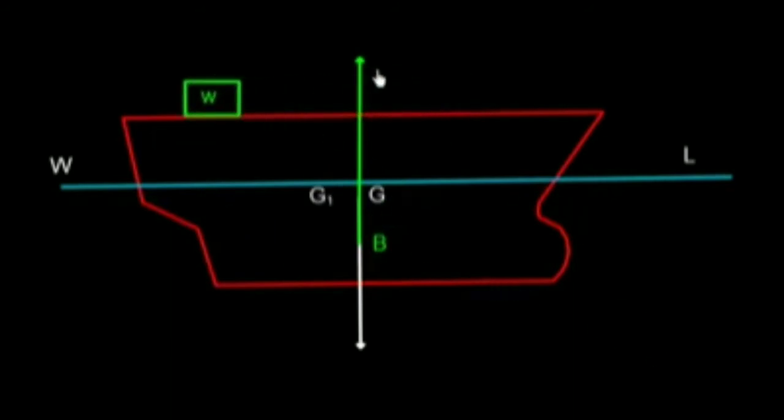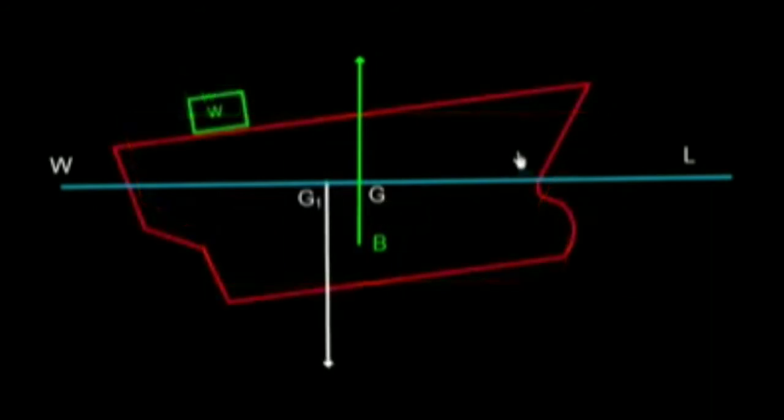So if this weight is shifted from forward to aft, it will also shift or change the position of center of gravity, and center of gravity will shift from G to G1 in this direction. Now this force, the weight force, will act from G1 instead of acting from G, and this will trim the ship like this.